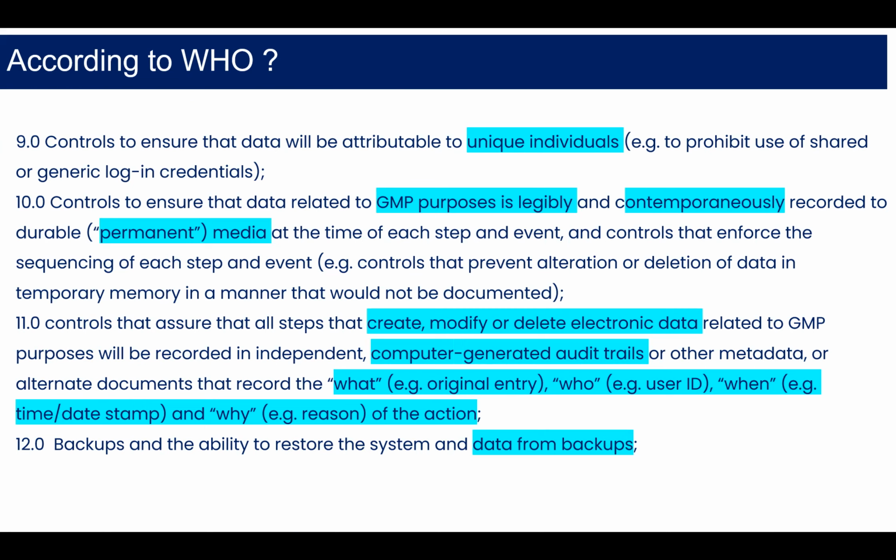How can I create, modify, and what is the control on delete? There should be an audit trail, and the answers to the questions what, who, when, and why should be there.